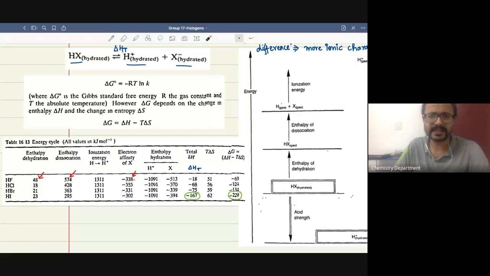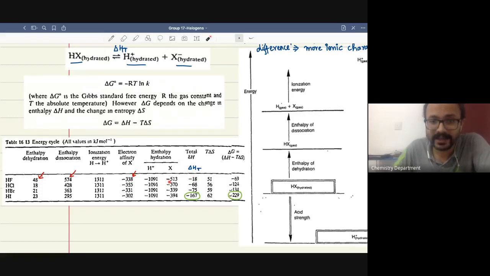Another thing is, we already know that the electron affinity value of fluorine is also comparatively lesser. Because of all of these three factors, the enthalpy of dissociation, enthalpy of dehydration, and electron affinity, each factor is contributing to the reduction in the negative value.